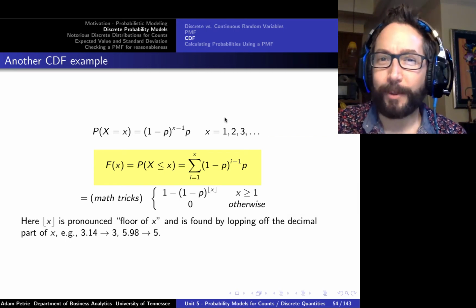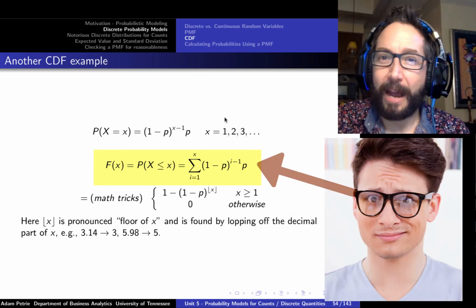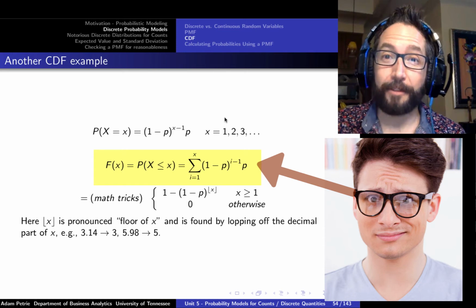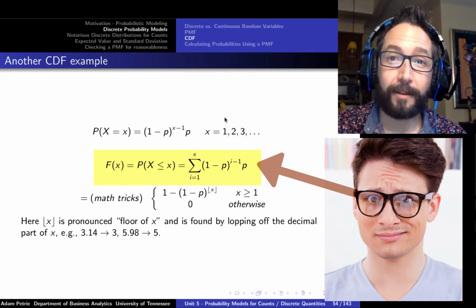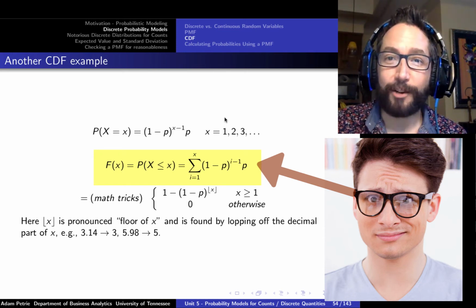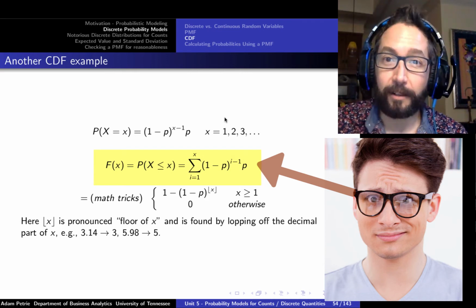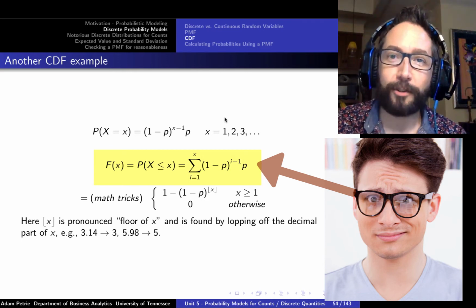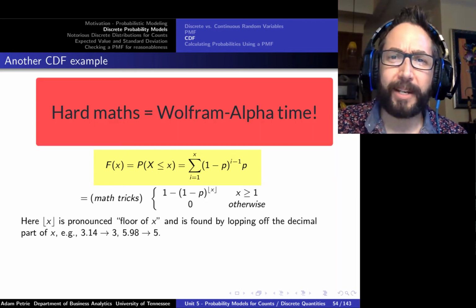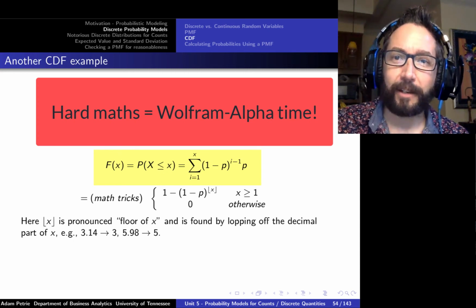And here is where you would get stuck unless you happen to learn some pretty sophisticated math tricks in other classes. It turns out that we can actually evaluate that sum and come up with a closed form, very simple expression for this, but that's really beyond where we need to be in this business analytics class.